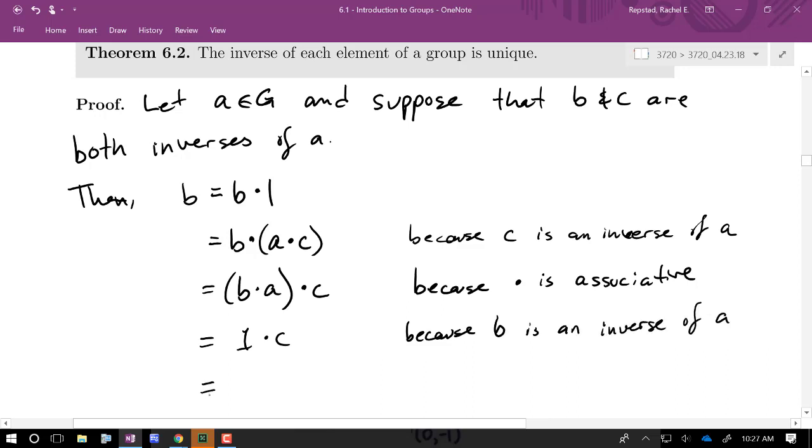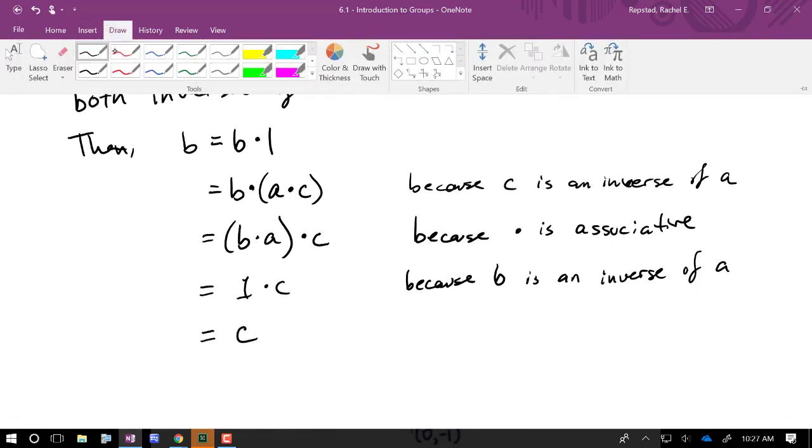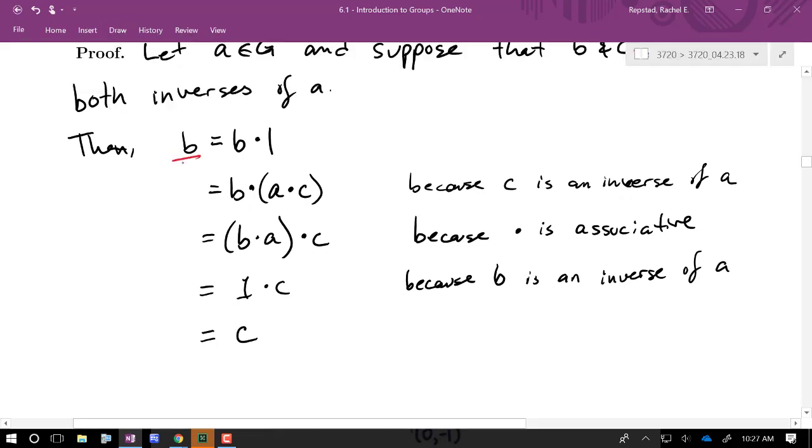And what is 1 times C? Not a trick question. It'll be C. Yeah. So now, look, here's what we have, this nice big long string of equations.